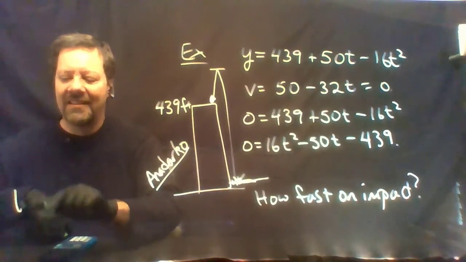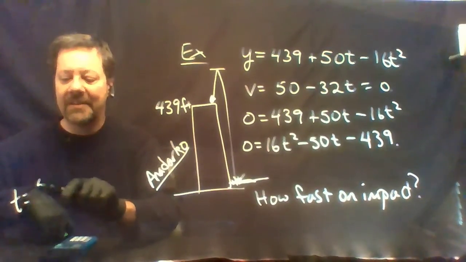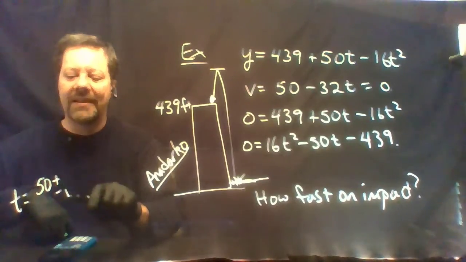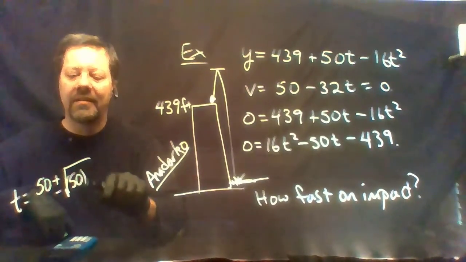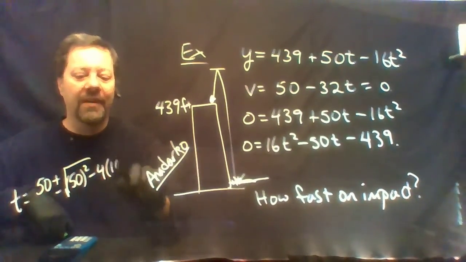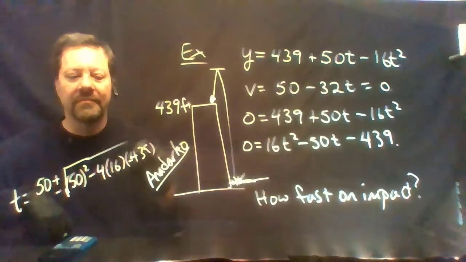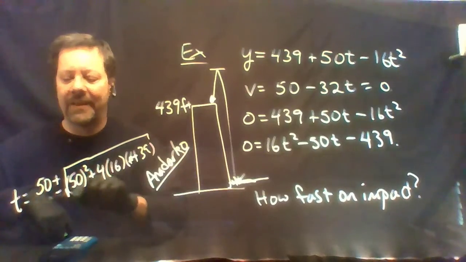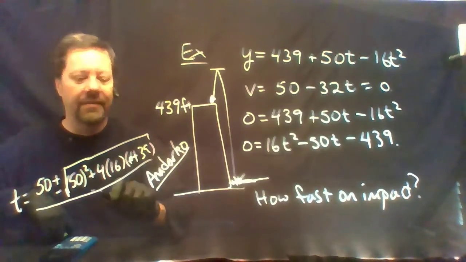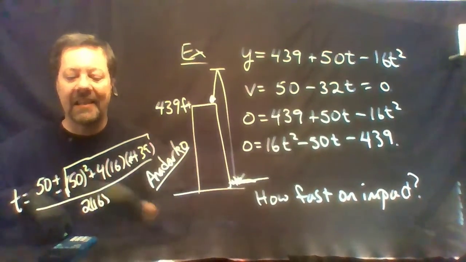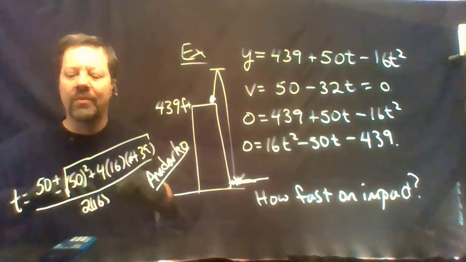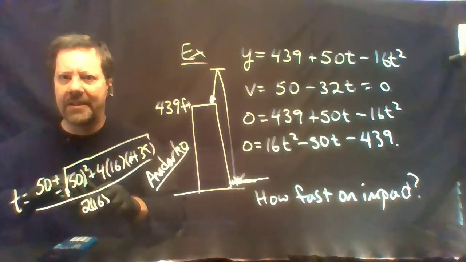So for us, the time is minus b plus or minus square root b squared minus 4ac minus 439. Minus is plus, by the way. All over 2 times a. There we have it. We're going to have both a plus and a minus here.